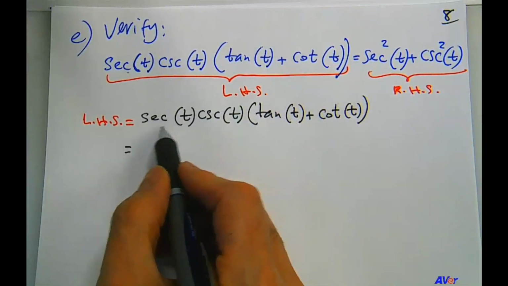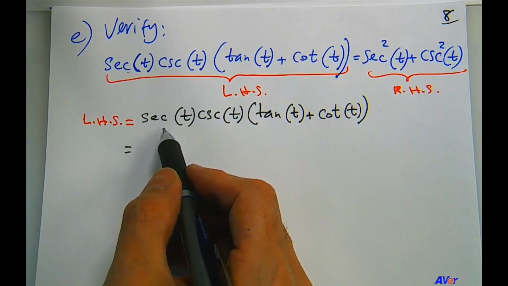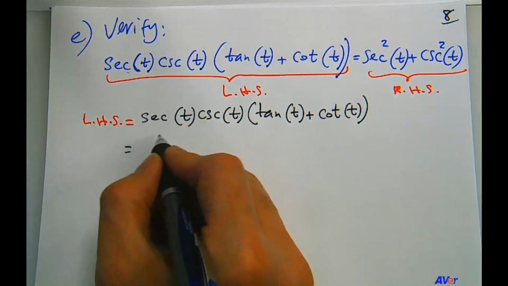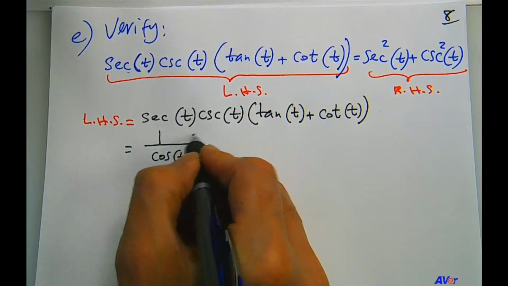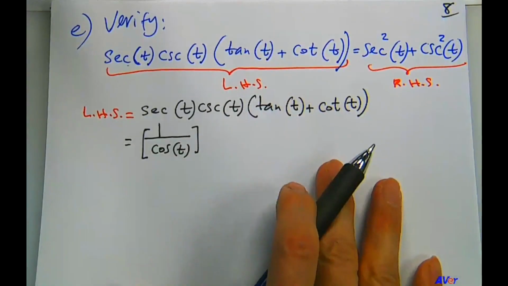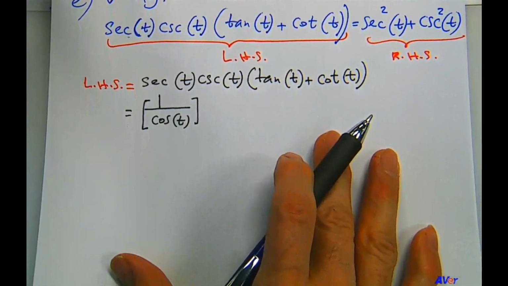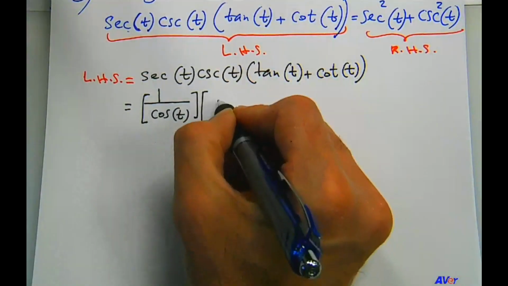Well, the secant is the reciprocal of cosine t, so I'm going to rewrite that as 1 over cosine t times cosecant t. Cosecant t is the reciprocal of which function? Sine of t. If you said that, wonderful.